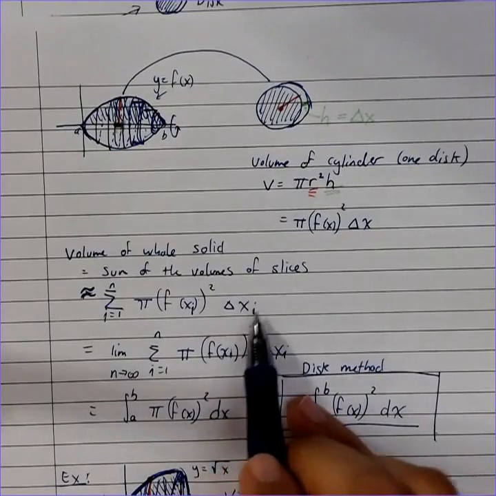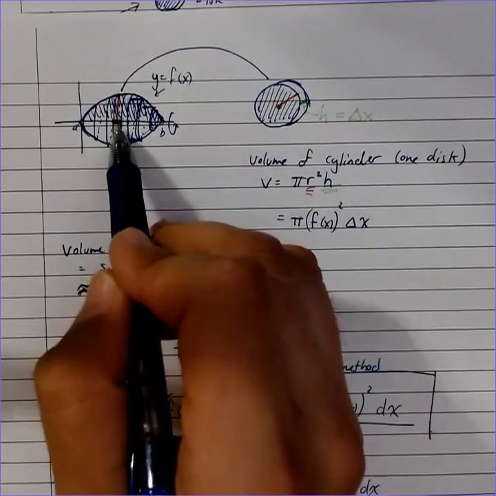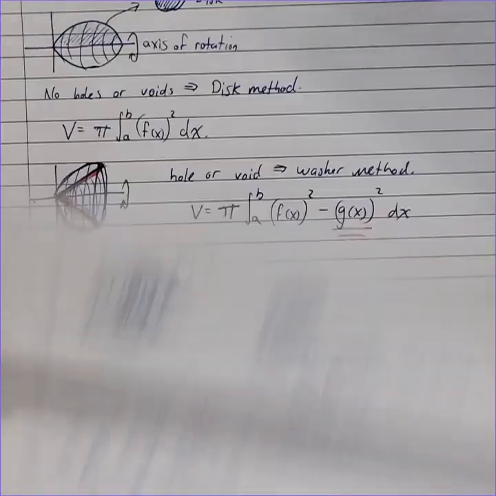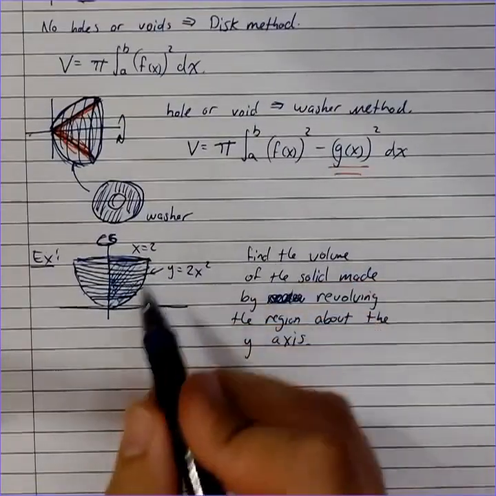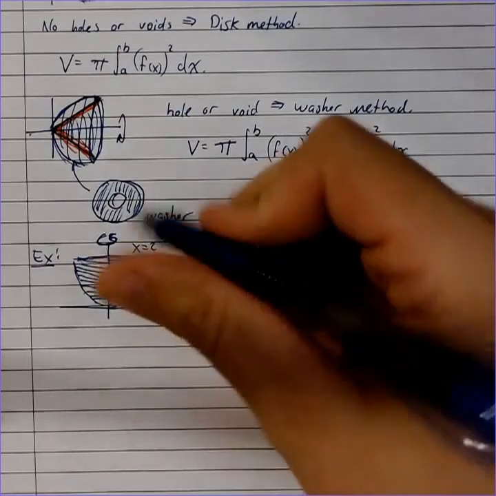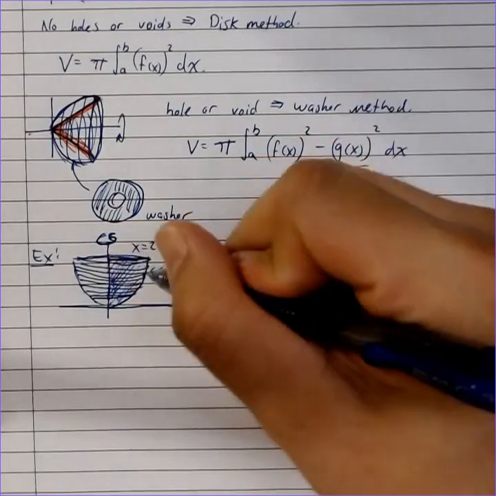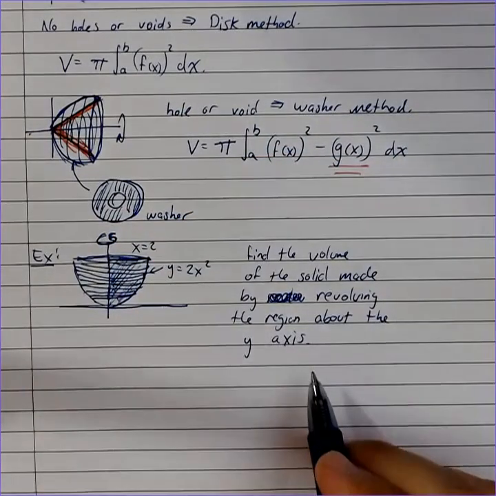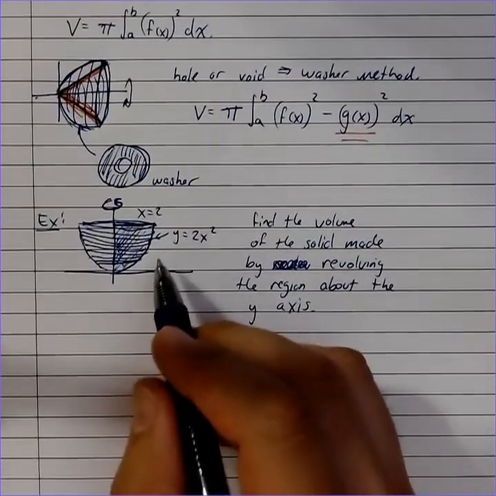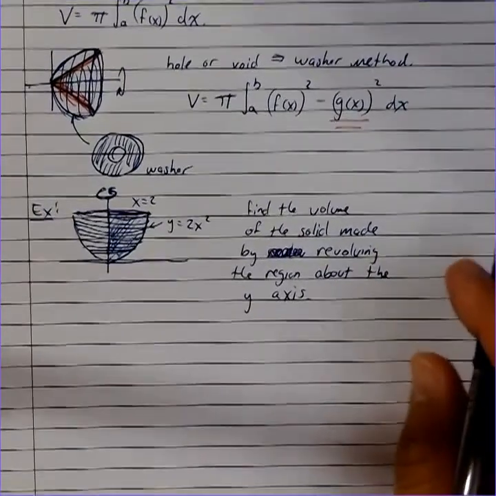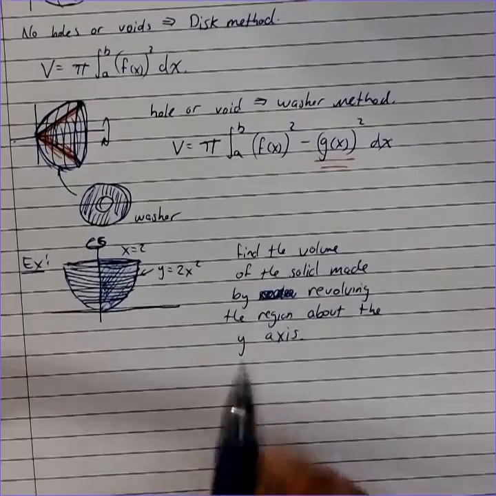But the reason we had delta x in the first place was because that told us the thickness of each of these little disks. Well, notice now that the disks aren't being measured left and right. The thickness of each one of these little disks is up and down. So here, instead of having integrals with respect to x, you're going to notice this is going to be an integral with respect to y. So that is one major difference between the change in the axis of rotations.